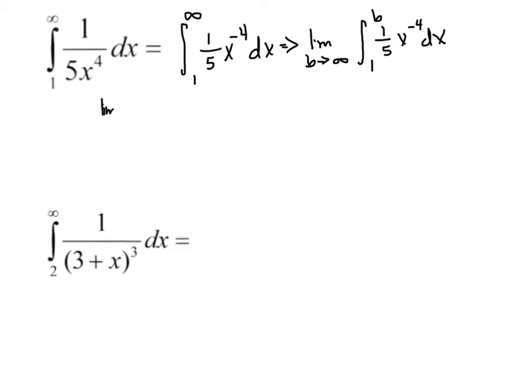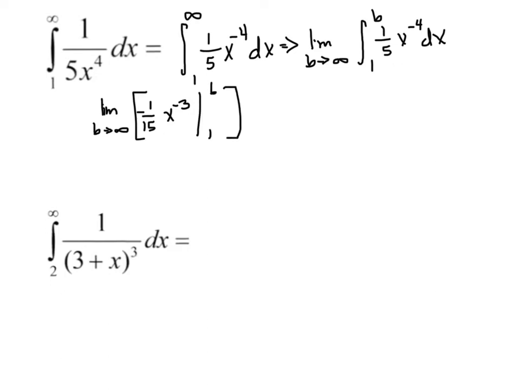All right, so we ignore for a minute the limit statement. I'll just put it down here, limit as b approaches infinity. The antiderivative: we raise the power, so it's x to the -3rd. We divide by the new power, so we have -1/15. We evaluate at b and 1.